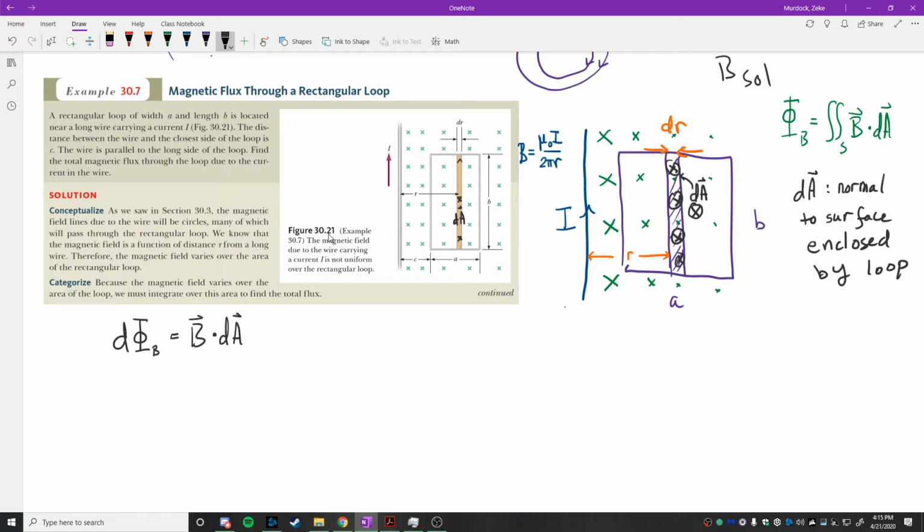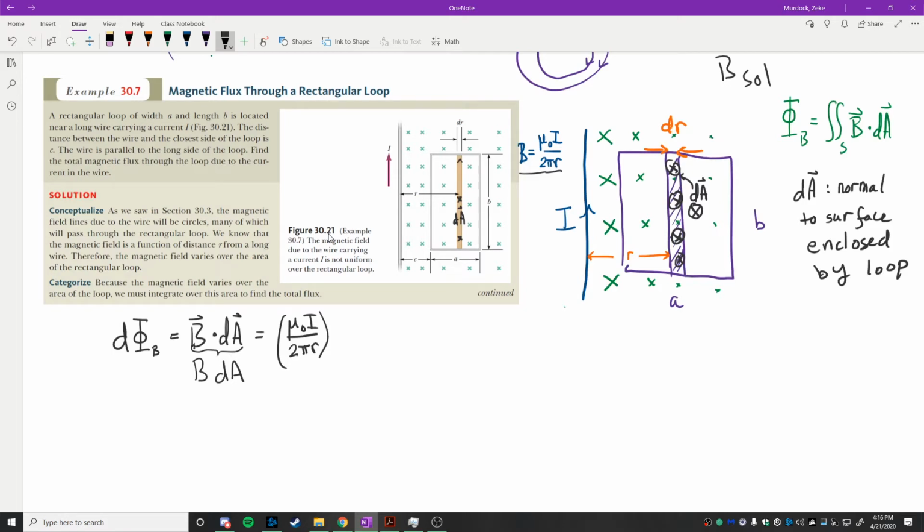We're just going to say that through our little sliver, the flux is the value of the magnetic field at that location, dot product with this dA. Now, we know B, right? B is equal to mu naught I divided by 2 pi r. The dot product is going to tell us that this is actually just going to become B dA because B and dA point in the same direction. So this reduces down to just this.